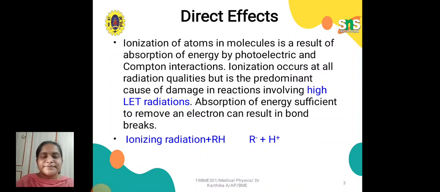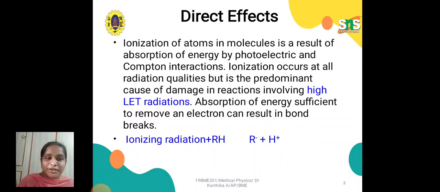While talking about the direct effects, the ionization of atoms and molecules is a result of absorption of energy by photoelectric and Compton interactions. For photoelectric and Compton interactions, we have already discussed in the previous lecture. See that for reference.